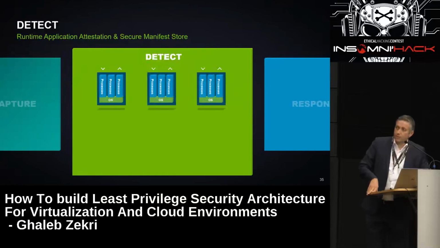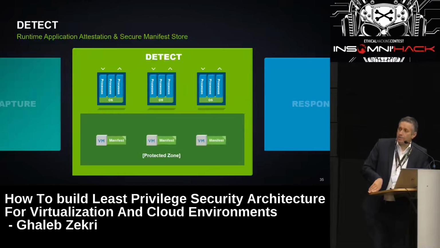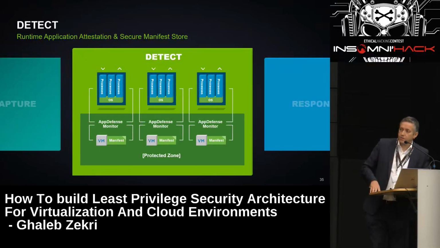So as we said, we have these workloads sitting on hosts, and then we have these manifests provisioned on what we call the protected zone, which is mainly the kernel of the hypervisor. And every behavior on the workload side, process running, calls between processes, memory tampering, whatever, we detect it and we send it to the hypervisor and we compare it to the manifest.